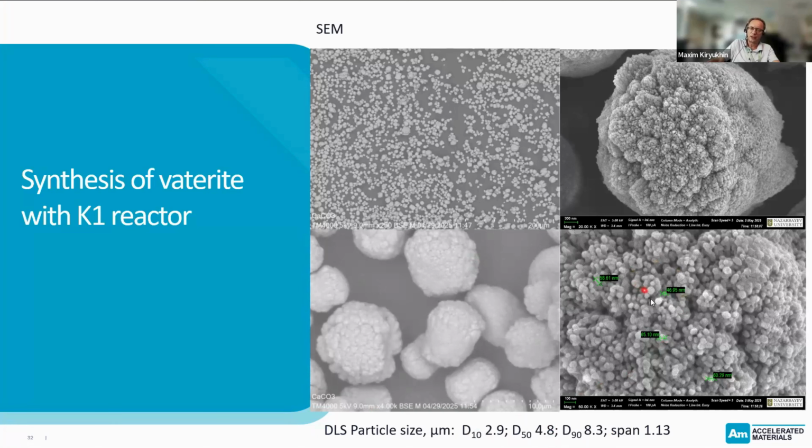But all of them consist of much smaller nanoparticles of about 50 nanometers. So this is how this process works. We generate the calcium carbonate nanoparticles, which later tend to agglomerate and form this kind of larger micrometer size particles. And this is why those particles have such high porosity.